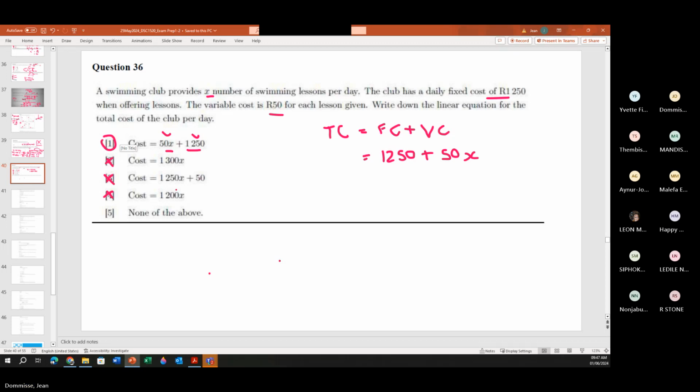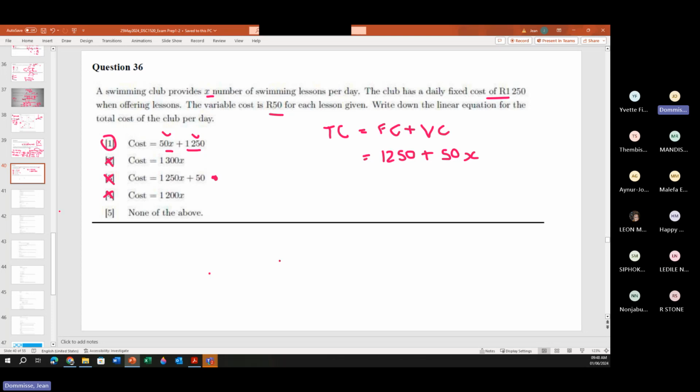So just be very careful, especially this option 3, because you see the numbers, and sometimes in the exam, if you're pushed and you're running against time, and you see the two numbers, I know I've made that mistake so many times, because you see the 1250, you see the 50, and you're like, okay, let's go. I need to get to the next question. So just be very careful.